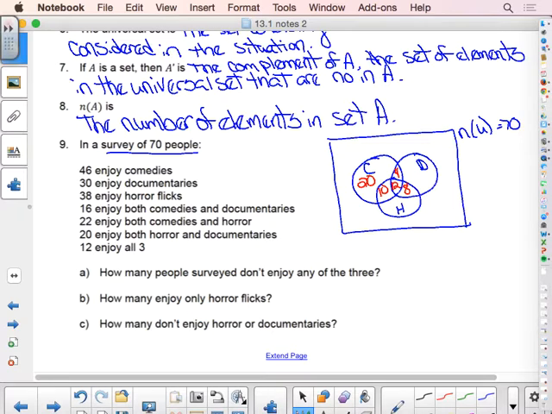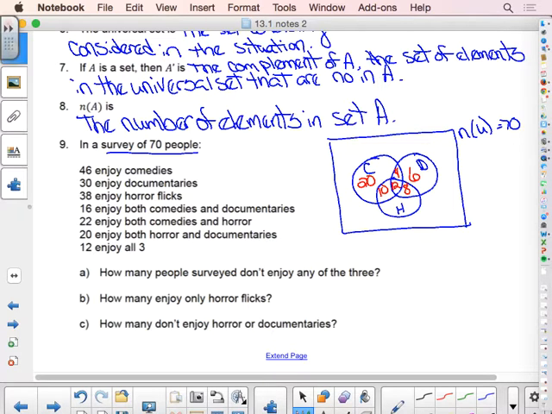Under documentaries, we have 4 that like comedies and documentaries, 12 that like all three, and 8 that like horror and documentaries. If there are 30 in that set, and we have an overlap of 24, that's going to leave 6 people who like just documentaries.